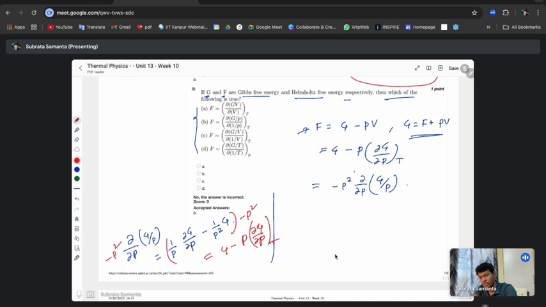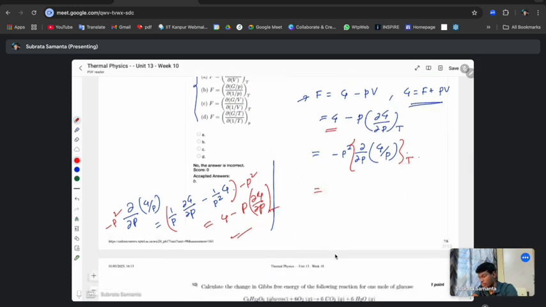So both things are at constant temperature T, basically the same thing. Now we know that del P of 1 over P is minus 1 over P square.